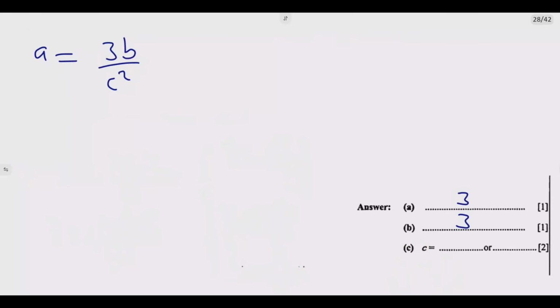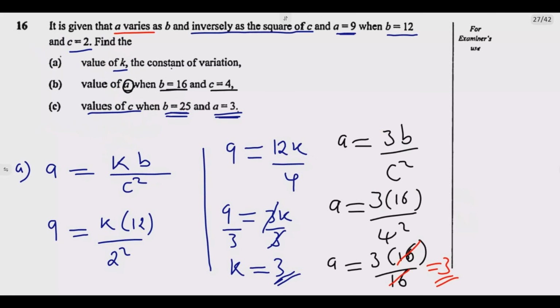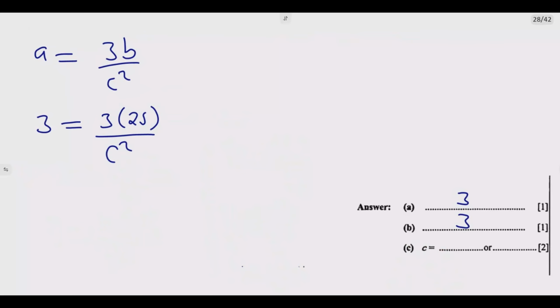So A is 3, we substitute B equal to 25, then over C squared, because C is what we're looking for. The question is asking us to find the value of C. So what we do is we cross multiply. So I'm going to have 3C squared is equal to 3 times 25.